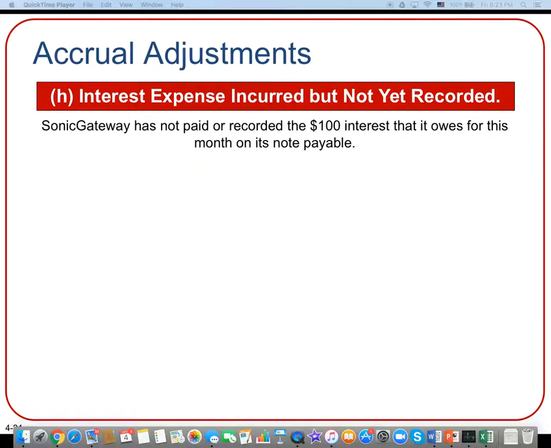Interest expense incurred but not yet recorded. Very same concept as the wage expense, right? Sonic Gateway has not paid or recorded $100 of interest that it owes for this month on its note payable. Every month, you don't necessarily pay your interest monthly, but at the end of the month, you should record your monthly interest expense according to the matching principle, right?